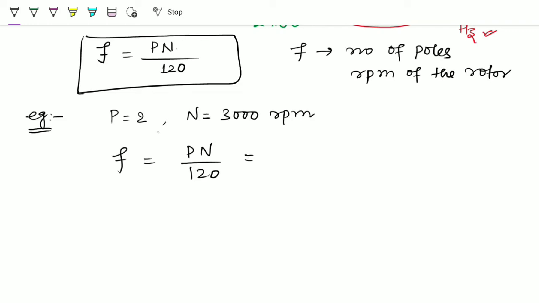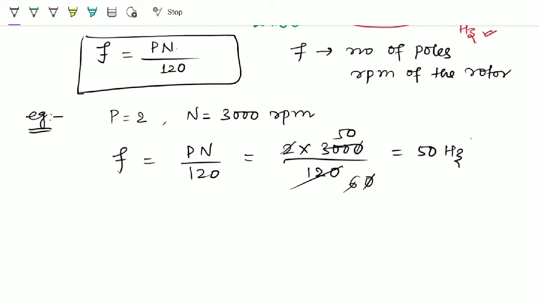We simply put these values in the expression: 2 multiplied by 3000 divided by 120. So 50 hertz will be the frequency in this case.